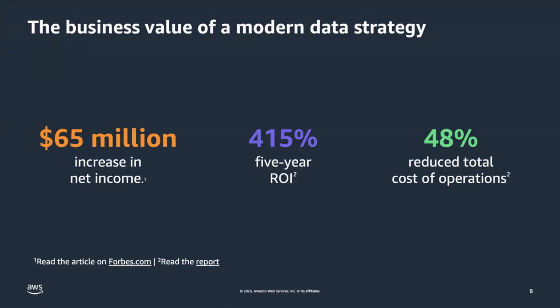And those same enterprises reported a 415% 5-year ROI, and also a 48% reduced cost to total operations. So for those that start to actualize the power of even a portion of their data, they're setting themselves up for huge returns.